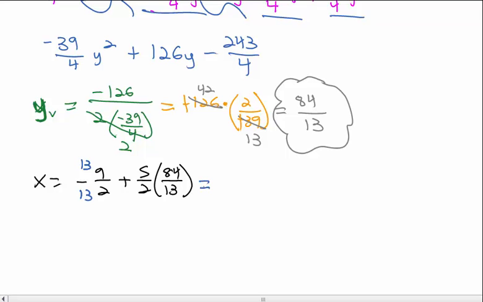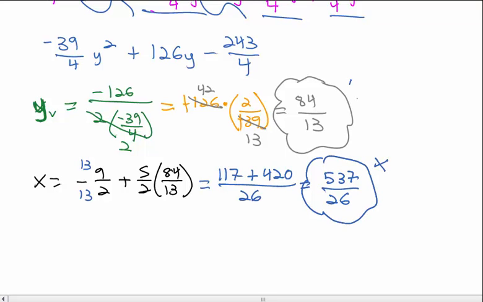So that's going to give us 13 times 9, which is 117, plus 84 times 5, which is 420, over the common denominator of 26. 117 plus 420 is 537 over 26.